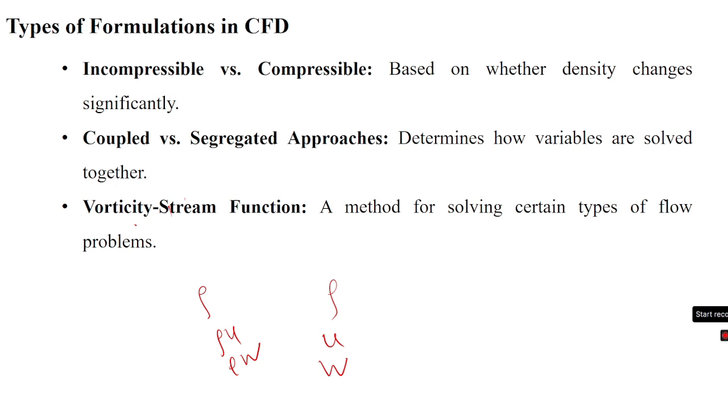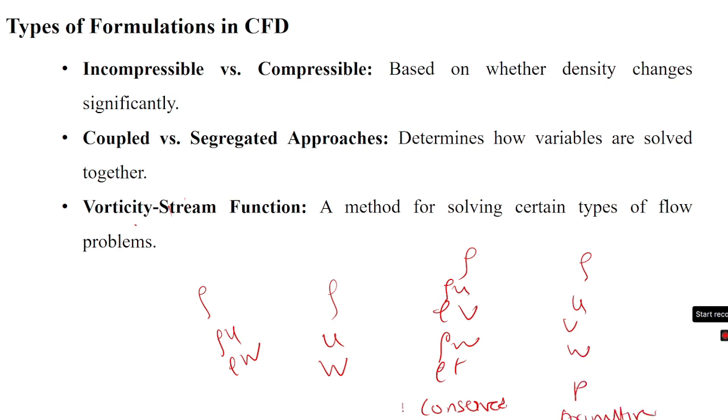Okay, so this is the conservative form: rho, rho u, rho v, rho w, rho t. This is the conservative, or conserved, form. And in the independent variables, u, v, w, p, this we call the primitive form.